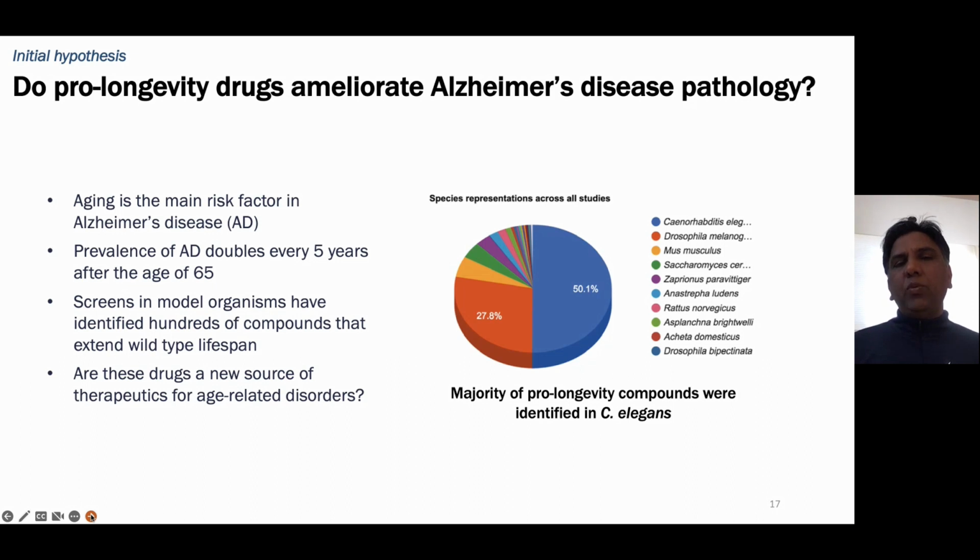So the hypothesis we had was that given that the literature already has these anti-aging compounds, could we repurpose those for AD? So then we tested these anti-aging compounds on C. elegans, which you see on the pie chart here. A significant fraction of them have been discovered in C. elegans. So then it was easy to take those compounds which extend animal life and test them on Alzheimer models of C. elegans.